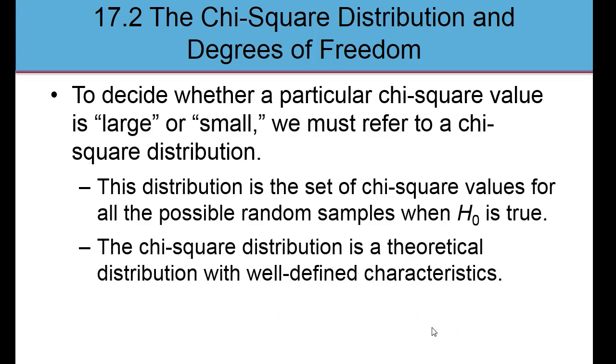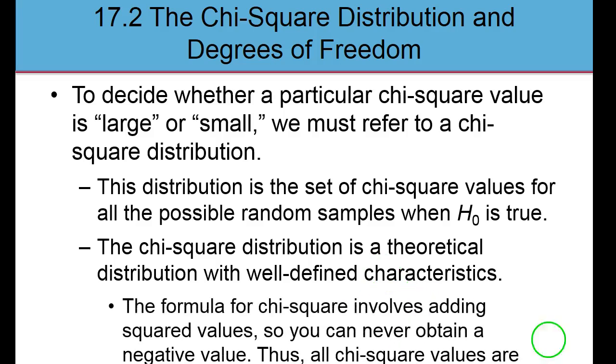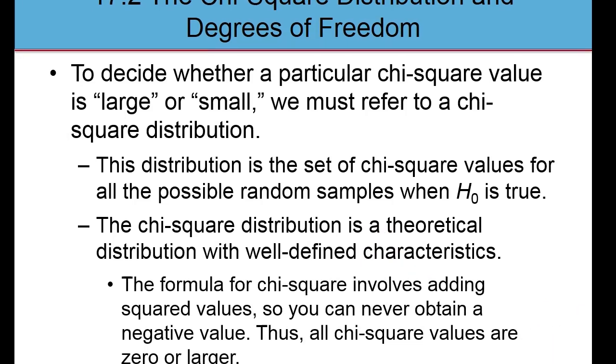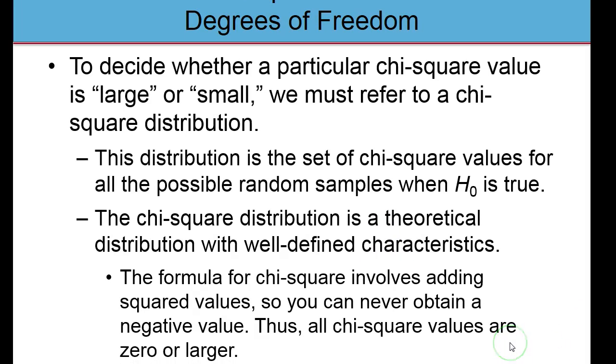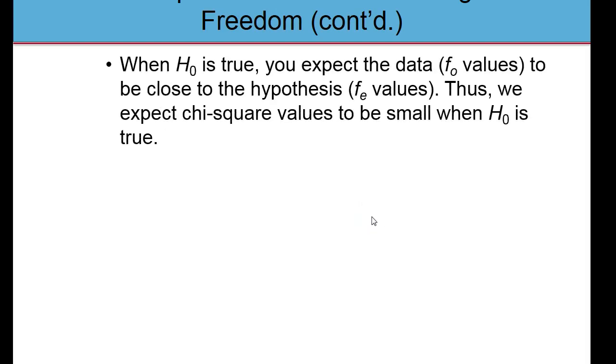The chi-square distribution is a theoretical distribution with well-defined characteristics, so it's positively skewed given that we are looking at units that have been squared. So you can never have a negative chi-square as a result. The other thing is that the distribution is going to change shape as we increase our degrees of freedom.